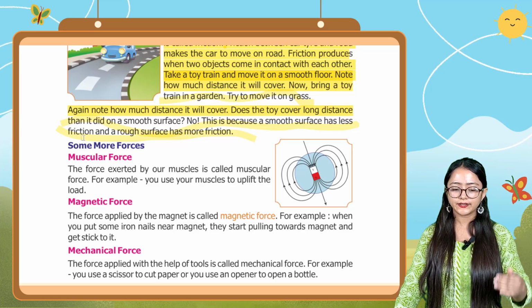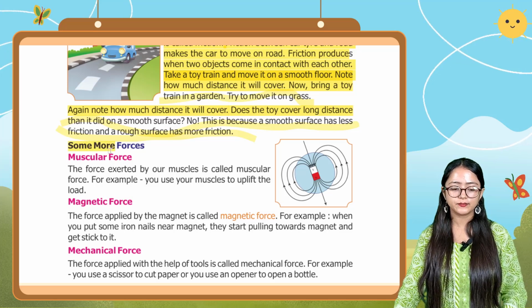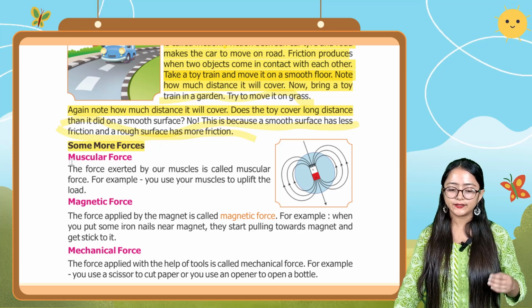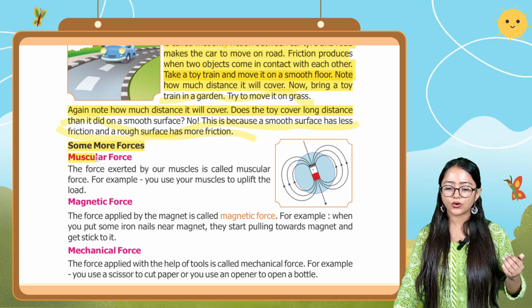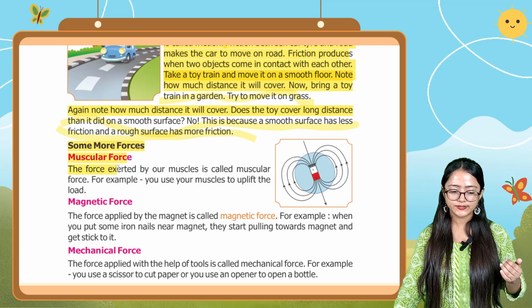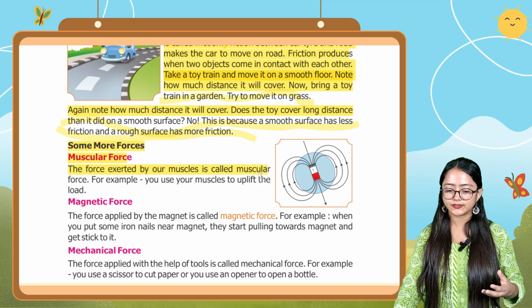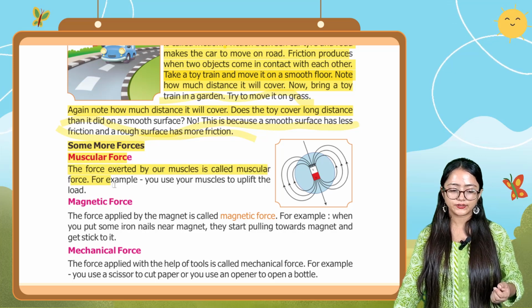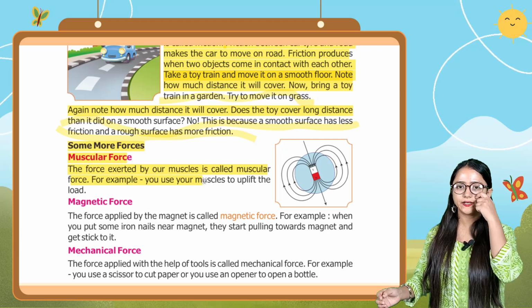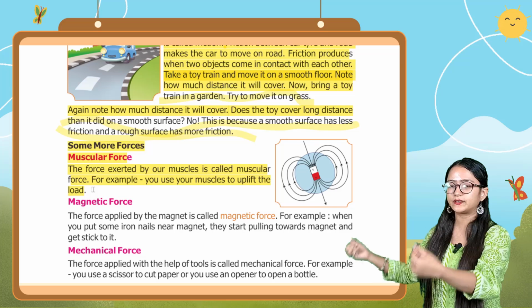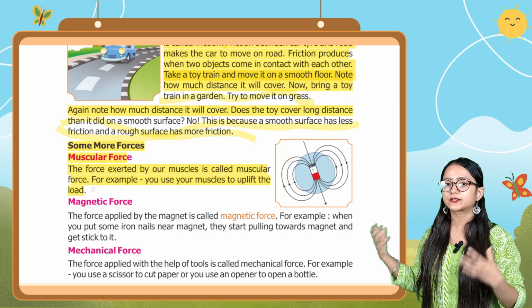So there are more types of forces. The first one is muscular force. The force exerted by our muscles is called muscular force. For example, you use your muscles to uplift a load. Basically, you use your muscles in day-to-day life. You are using your muscles to uplift the load. That is known as muscular force.